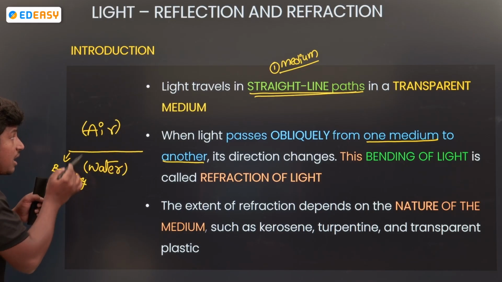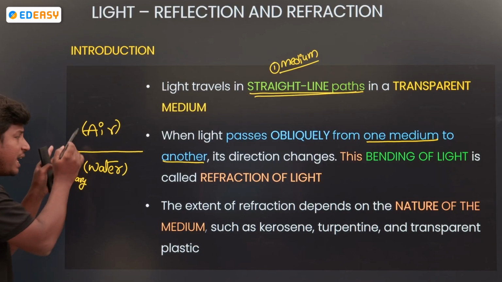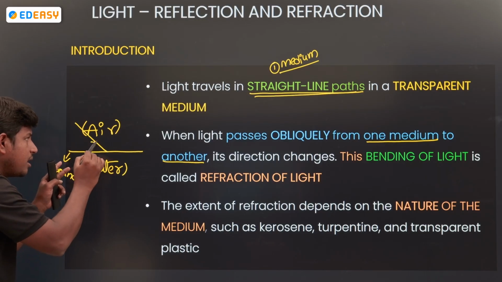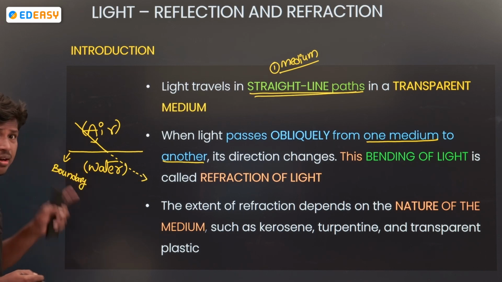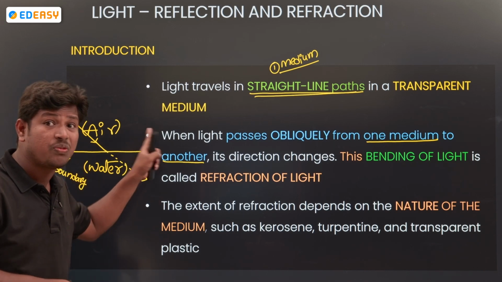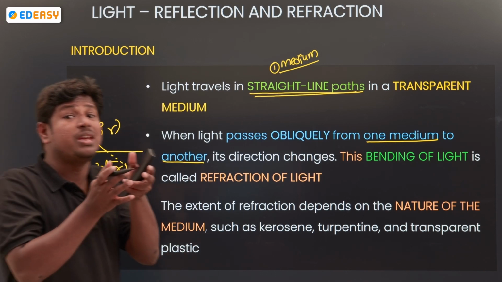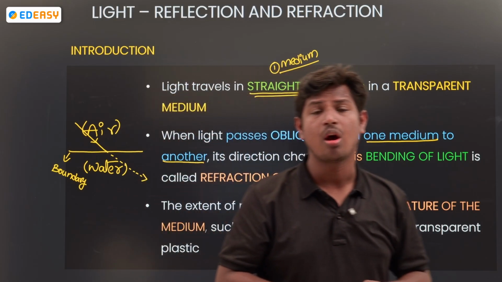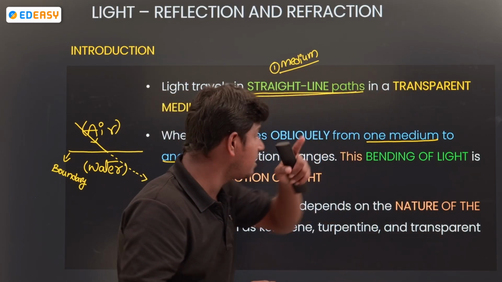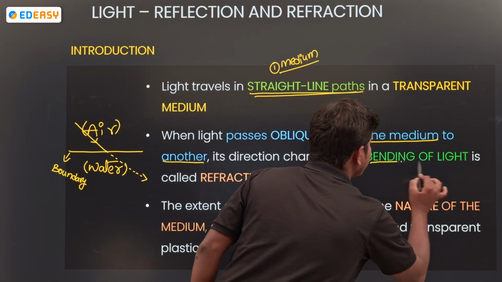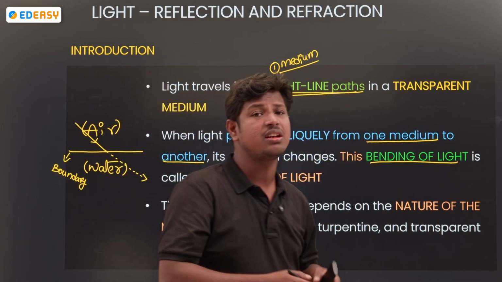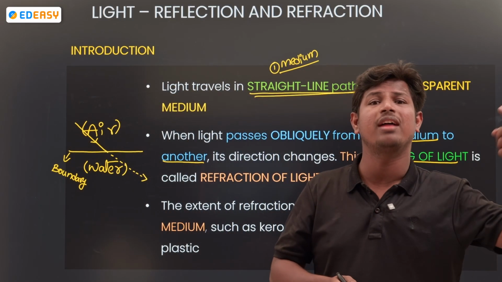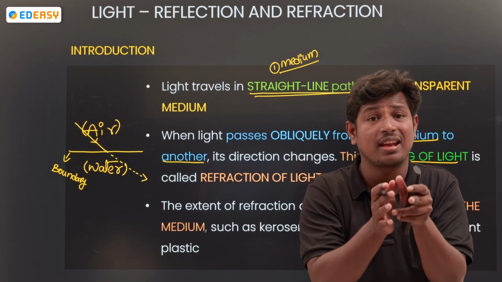Whenever light travels from air to water, two different mediums are there. How is the behavior of light here? The light bends. Whenever light travels from one medium to another medium, refraction takes place.